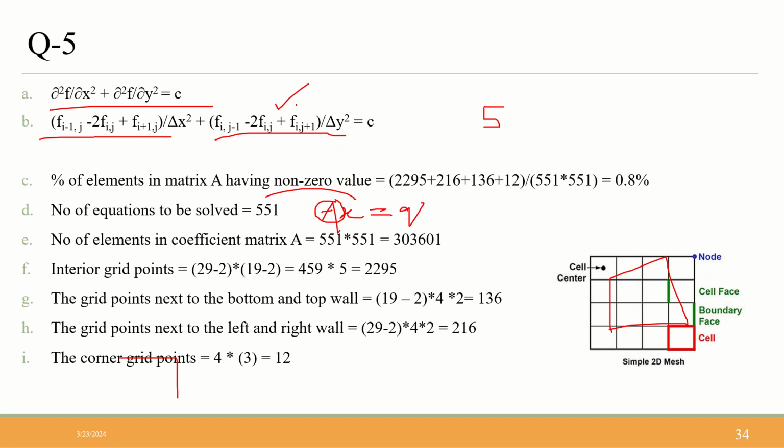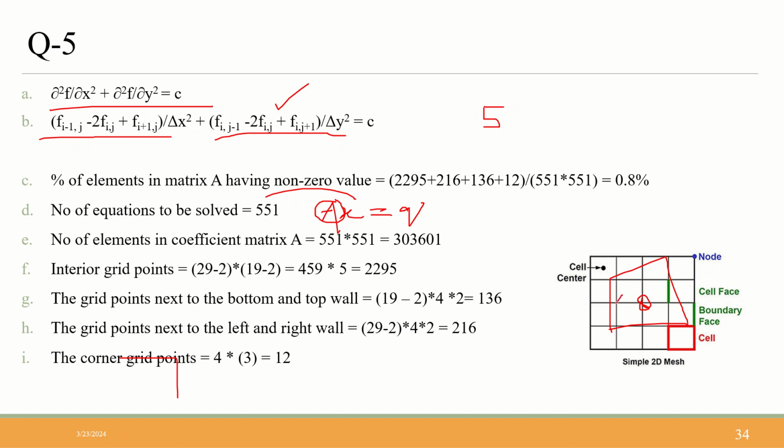I mean in the cell next to the boundary, some values will be becoming boundary values, so those variables will not be present, those variables will be 0. So we need to find interior grid points. Like interior meaning like inner grid points.